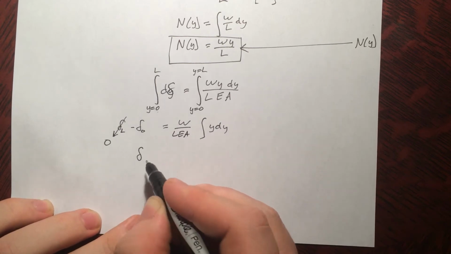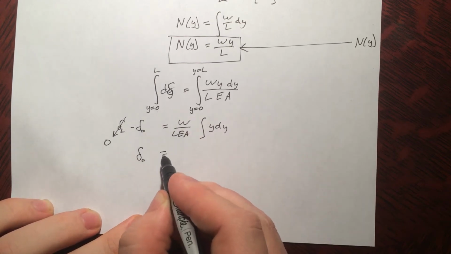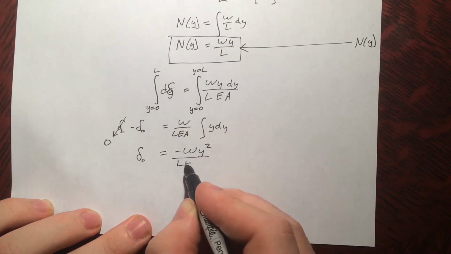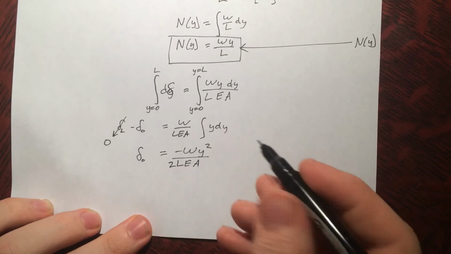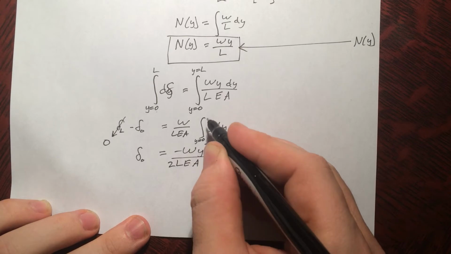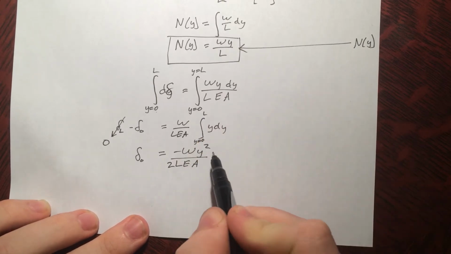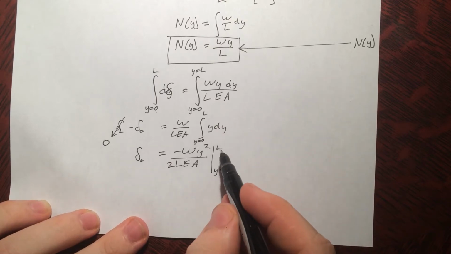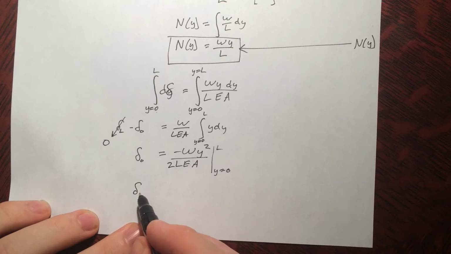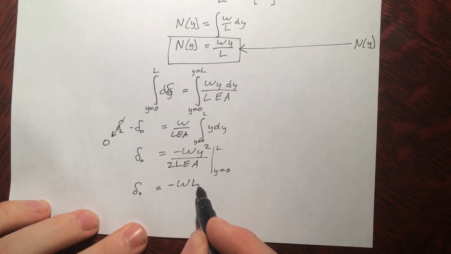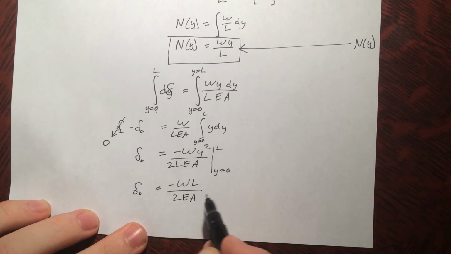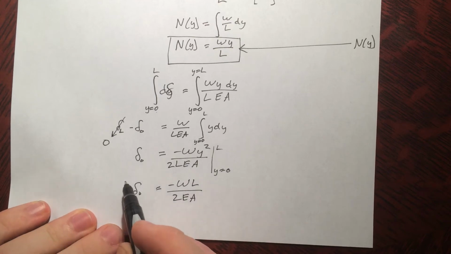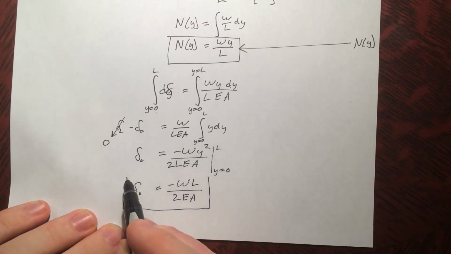So the total delta at y equals 0, taking the negative and putting it on the other side, we get negative w y squared over L E A times y squared over 2, evaluated from y equals 0 up to y equals L. When y equals L, we get negative WL over 2EA. When y equals 0, it's this minus this, and the whole thing is 0, so that's just the answer right here: the total elongation of the bar.